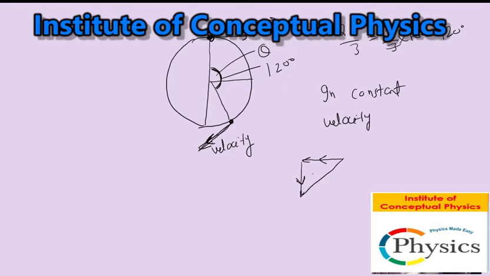To solve this question, we have to write this velocity in vectorial form, and we know it is always perpendicular to the radius. If I break this down into two parts, this part will be Vx and this part will be Vy.